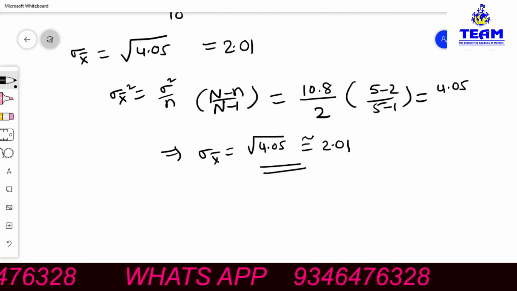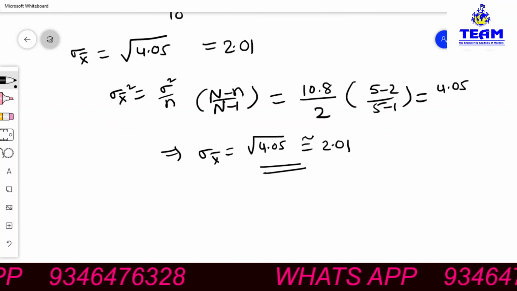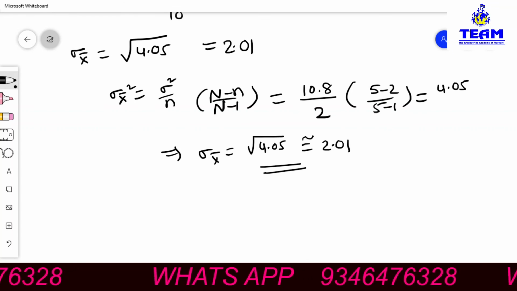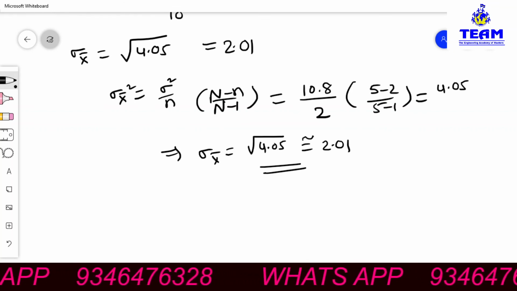Friends, this is about the sampling distribution for a finite population, which is also called the sampling without replacement case.